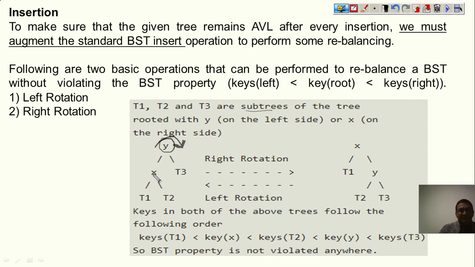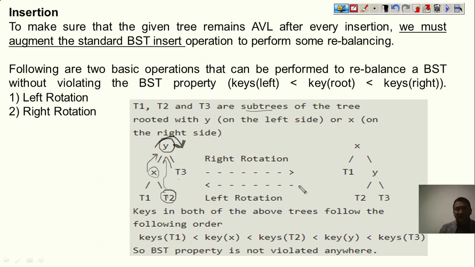X is going to become the root, so X goes up and Y goes down and becomes the right child of X, and the right child of X becomes the left child of Y. So whenever you apply the right rotation at Y, X becomes the root, Y becomes the right child of X, and the right child of X becomes the left child of Y. This is what we are doing in the rotation.